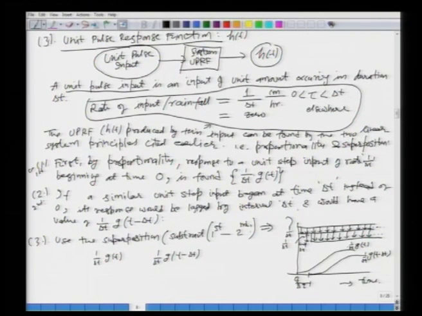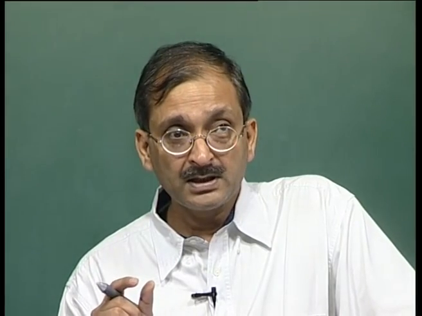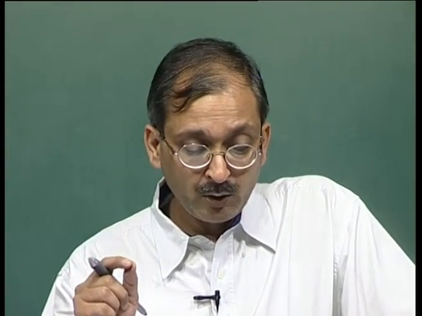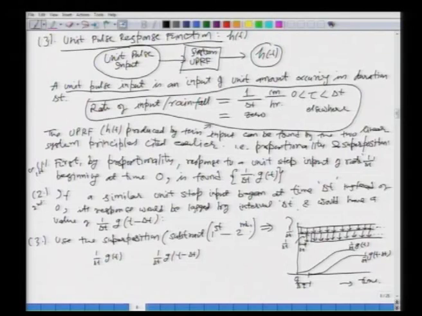Okay. Now, what we want to find out when we are talking about this unit pulse response function. What is the unit pulse response function? Well, it is the input which is going from 0 to 1, or 0 to 1 by delta t actually. Here it is. I would like to draw your attention here, this one. It goes from 0 to 1 by delta t and it occurs for duration delta t, all right.